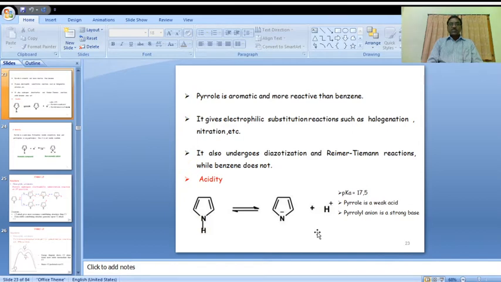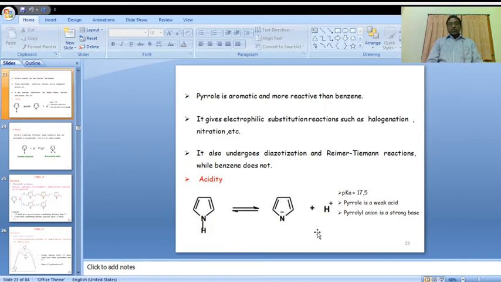Due to that reason, the electrophile, a positively charged species, easily attacks the ring. It also undergoes diazotization and Reimer-Tiemann reactions, while benzene does not. Pyrrole is a more reactive compound because it undergoes this type of special reactions.